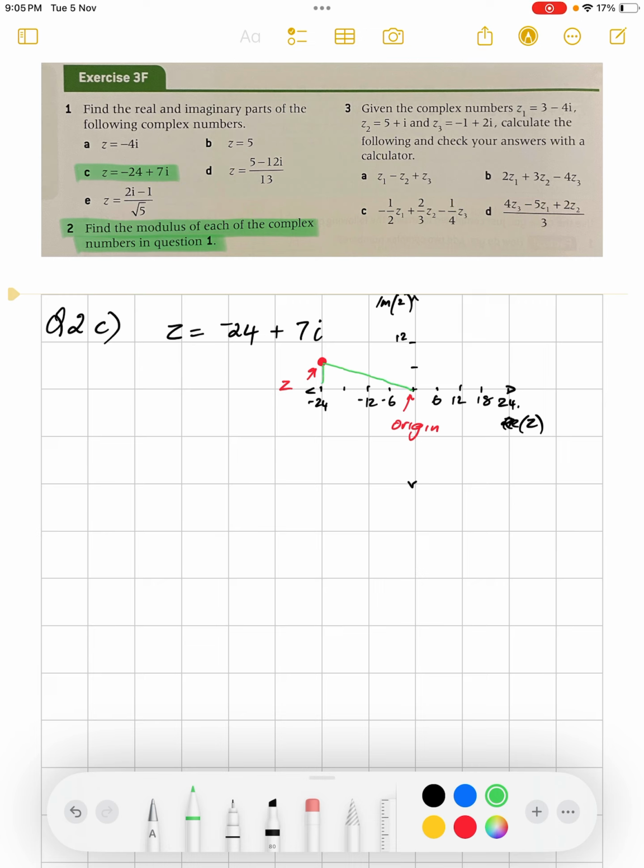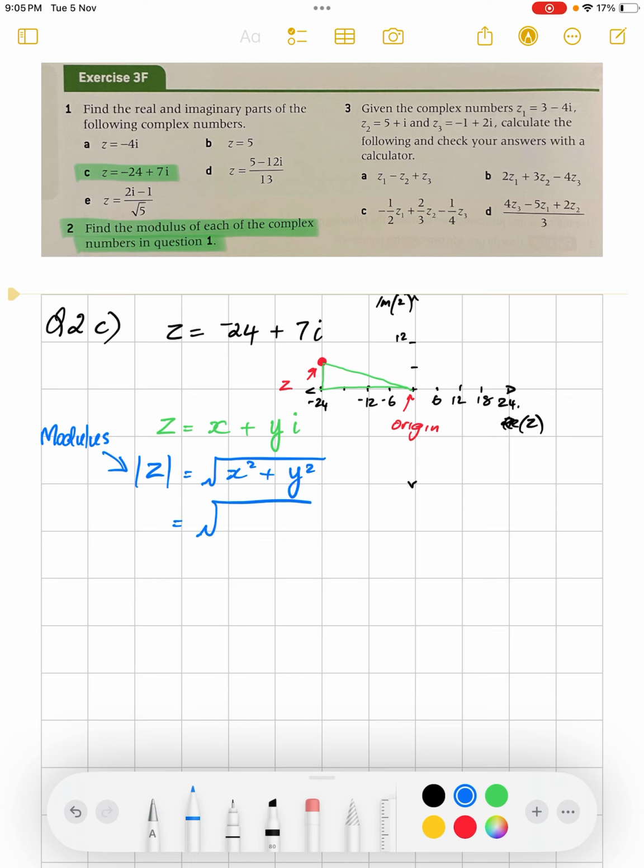And if you remember Pythagoras' theorem, and we have a right-angled triangle, if you take the real component, which is considered to be x, and the imaginary component, which is considered to be y, then the modulus of z, we use two vertical lines each side. The modulus of z is equal to the square root of x squared plus y squared. You might remember that from Pythagoras' theorem.